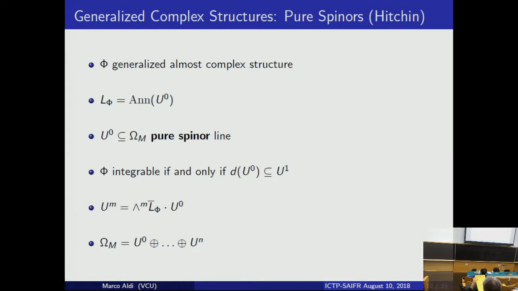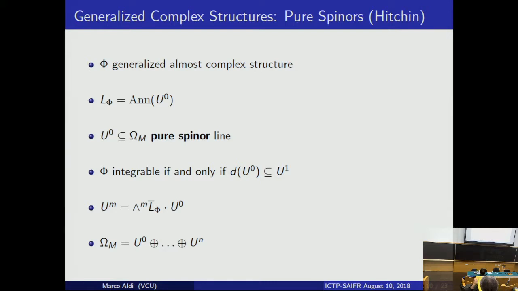So let's look first at the classical case. Suppose that phi is a generalized almost complex structure. Then you can look at the square root of -1 eigenbundle in the generalized tangent bundle, and you can see that this has to be the annihilator, with respect to the Clifford multiplication, of some line in the space of forms, which is called a pure spinor line, following Hitchin and Gualtieri.